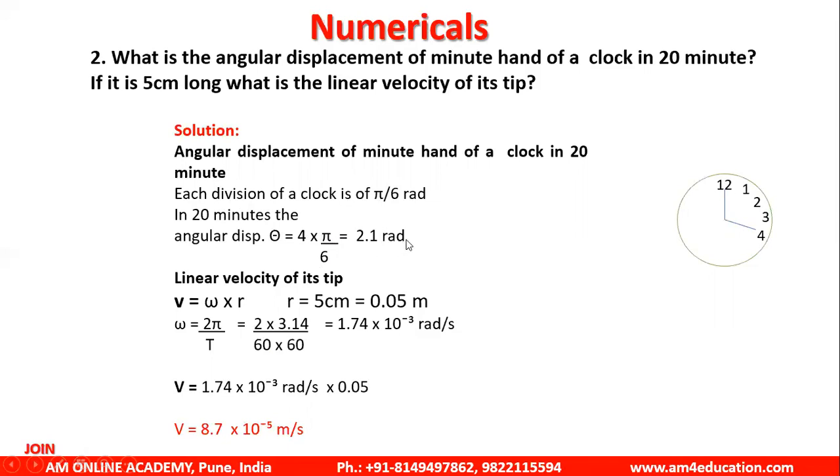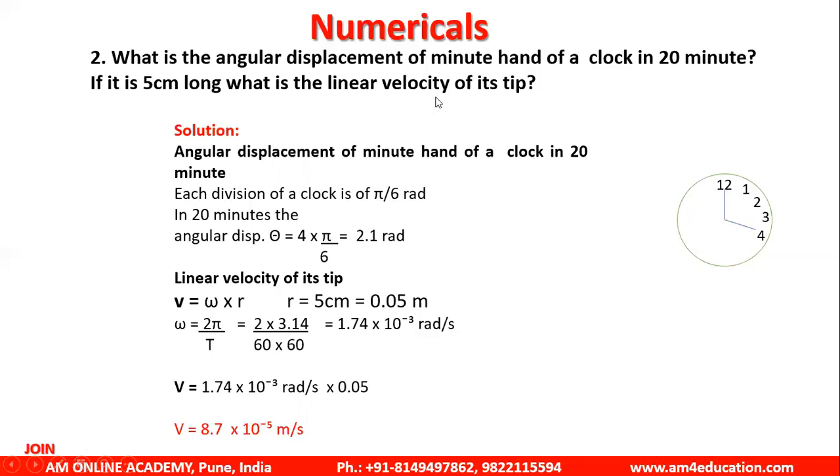So in 20 minutes, the angular displacement is 2.1 radian. You can calculate for 25 minutes, 35 minutes, 40 minutes, 45 minutes, 50 minutes, and so on. You can practice on your own, and you can mention your answers in the comment section.